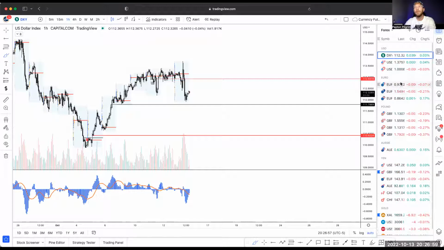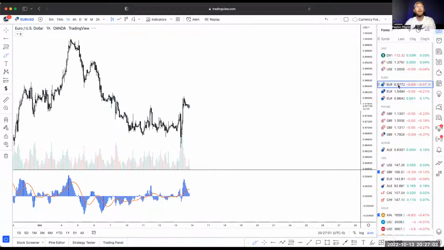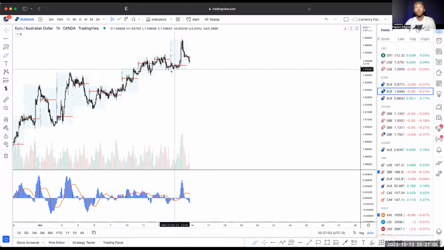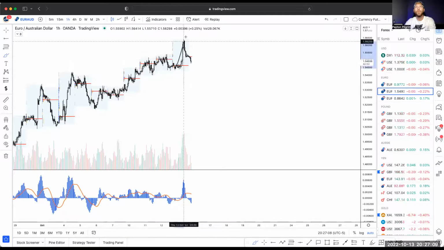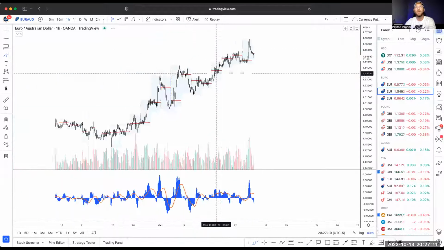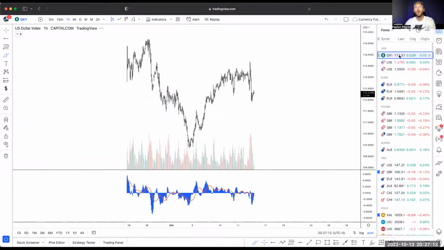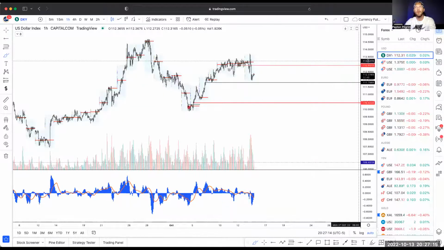So that means that these are going to do weird things. So EA is going to do weird things. I wouldn't really want to get caught in this when we have good opportunities in this. When there's not good opportunities in the dollar, that's when I go look at the cross pairs.